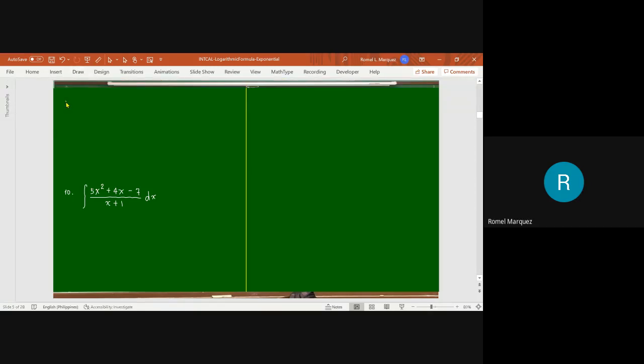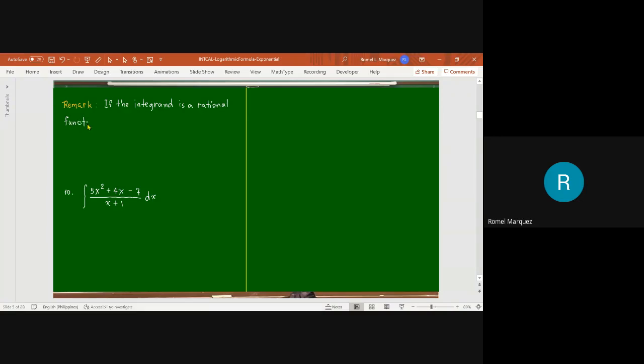So, we have remark. Lagay natin dito, remark. If the integrand is a rational function, you know rational function, guys? Guys, ano yung rational function?